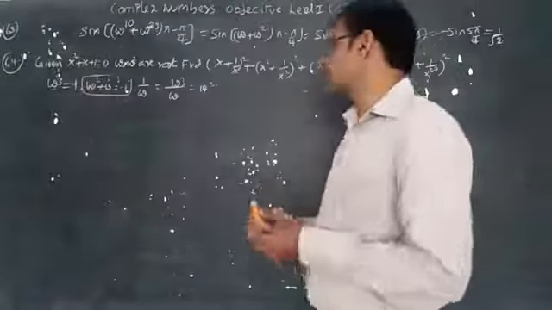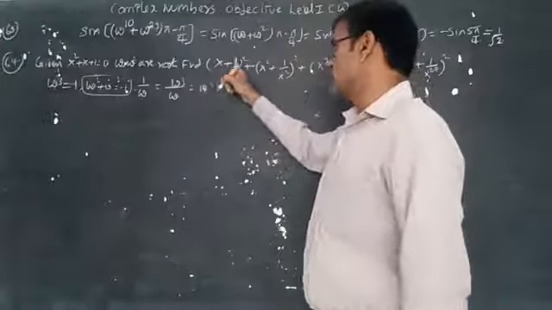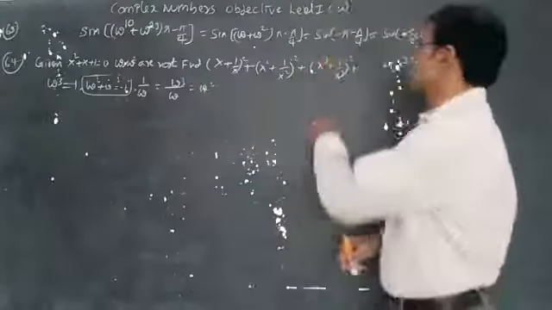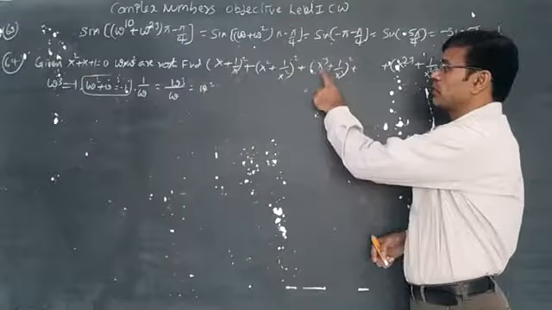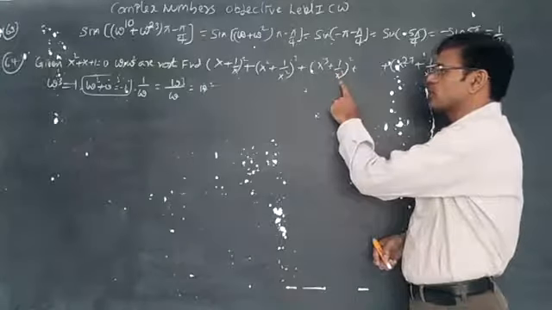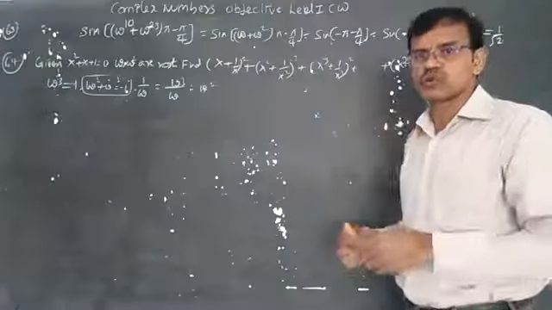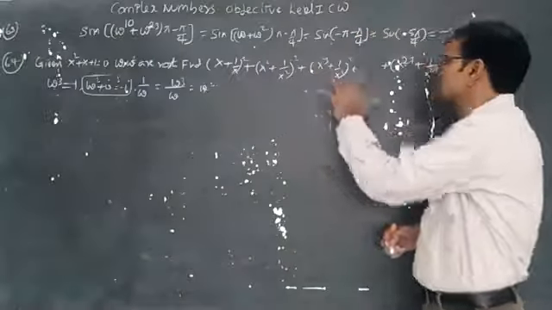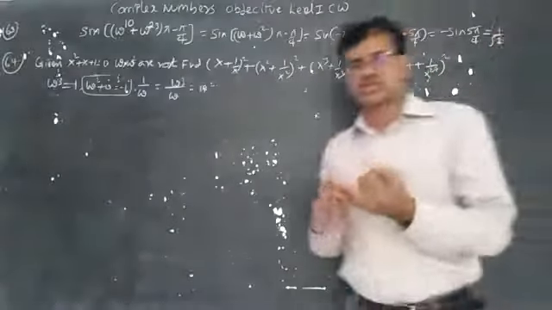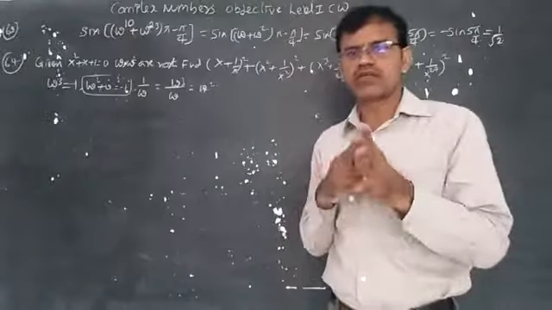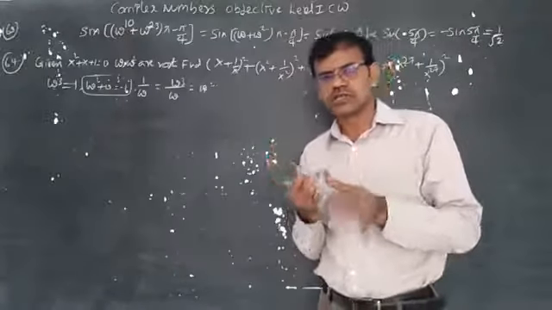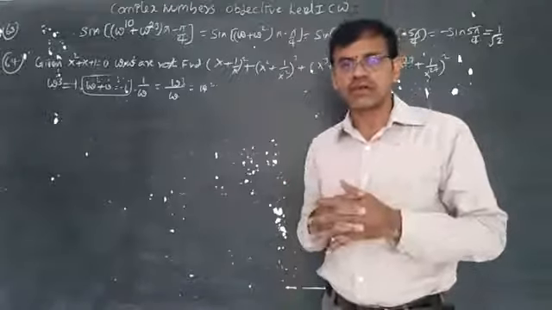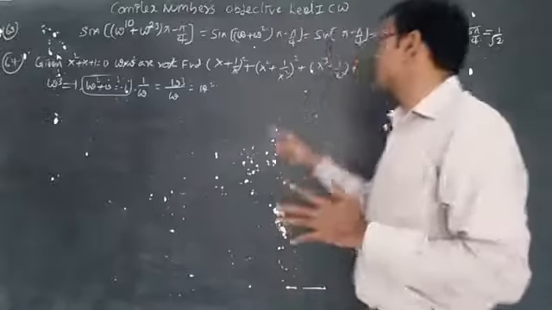So omega cube plus 1 by omega cube becomes 1 plus 1, that is 2, and 2 whole square is 4. How many such terms are there? Multiples of 3: 3, 6, 9, 12, 15, 18, 21, 24, 27. Total 9 terms.